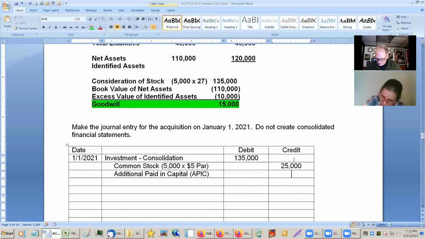In this case, it'd be 110. But basically, it looks like this. If you were to do the calculations, they paid $27 minus the $5 par equals $22 of APIC.